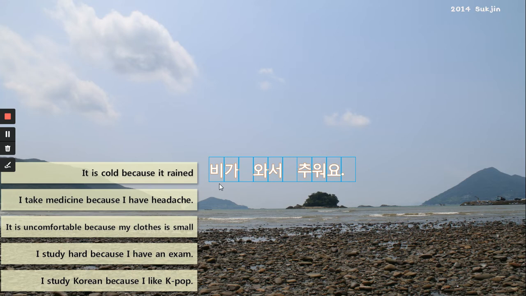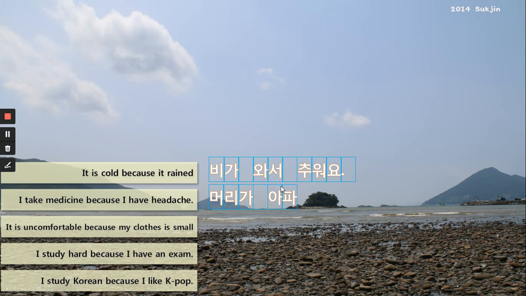Or because it snowed, it is cold. 네, 눈이 와서 추워요. I take medicine because I have a headache. Because I have a headache, we say 머리가 아파요. Do you remember? 머리가 아파요. So headache, 두통 or 머리가 아파요. 머리가 actually 아프다, but when it meets another vowel, 으 is omitted.